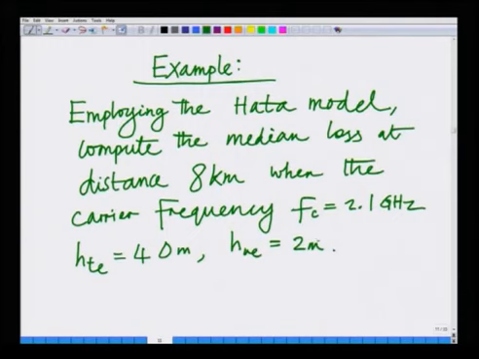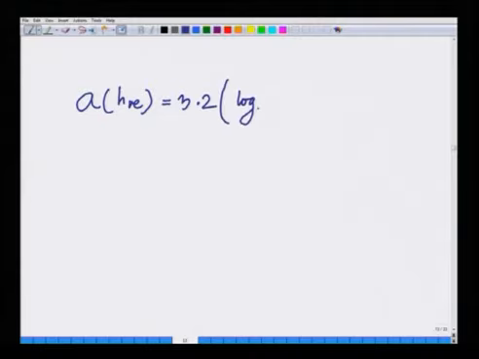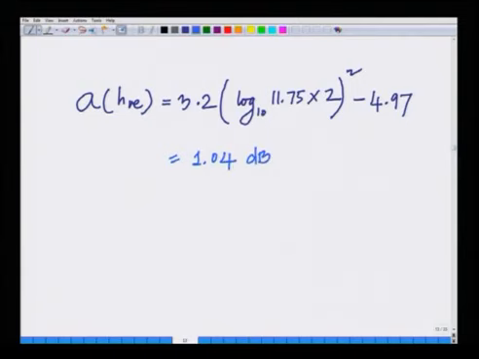So, let me write here that for a large city, the mobile antenna correction factor is nothing but 3.2 log 10 of 11.75 into HRE, which is 2, whole square, minus 4.97 dB, which is essentially equal to 1.04 dB.